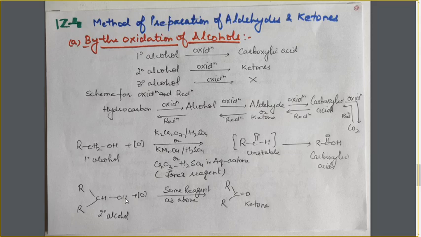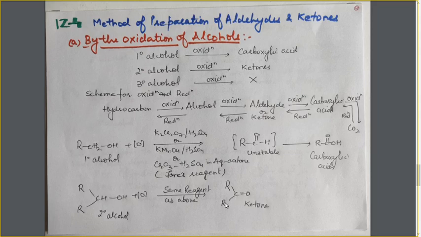Whereas in case of 2 degree alcohol, if we use the same reagent, then we get the ketones. Now why are carboxylic acids not obtained in this case? Because if we write down the structure of carboxylic acid from this ketone, on this C double bond O group, there must be some OH group also for the formation of carboxylic acid.